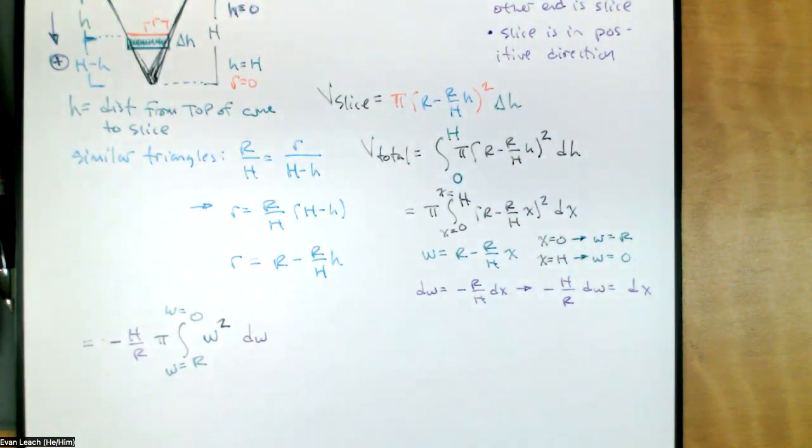When we're doing a substitution, all the x's have to be replaced by w's, and this is how that shows up in the limits. We don't integrate from 0 to h anymore because those are x's. We have to trade those x's in for w's so that we can integrate. And now we're going to integrate from r to 0.